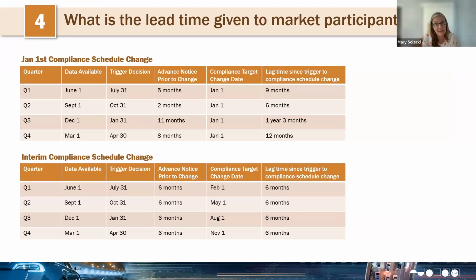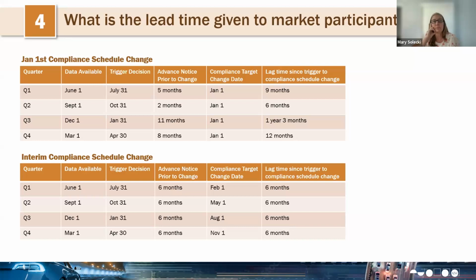So looking only at the first table, consider if there was a rolling assessment, which looks back 4 quarters. Picking on the Q2 line, the data is available in the fall, and the official notice would come around October 31st. This provides only 2 months advance notice before the compliance schedule shifts on January 1st.